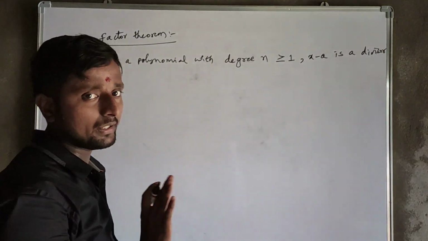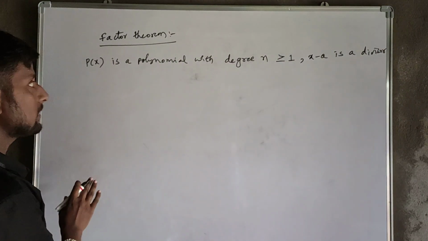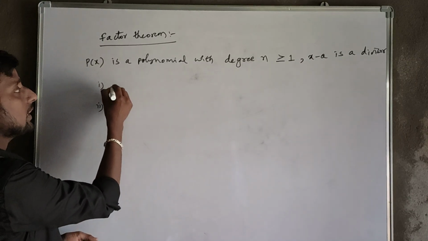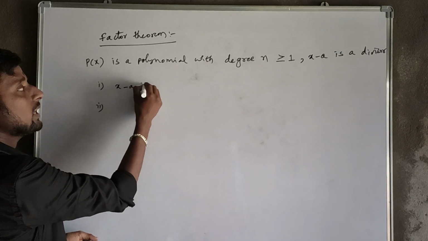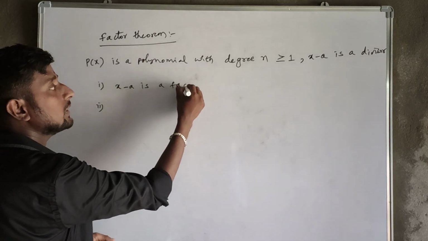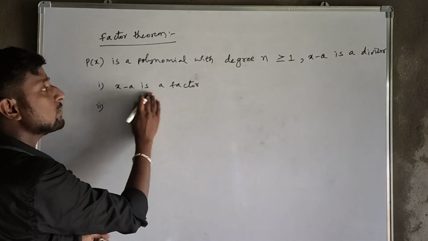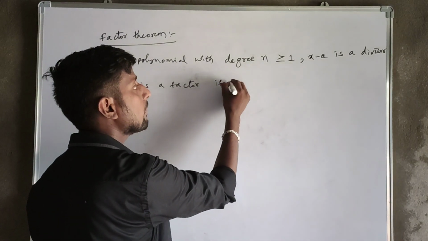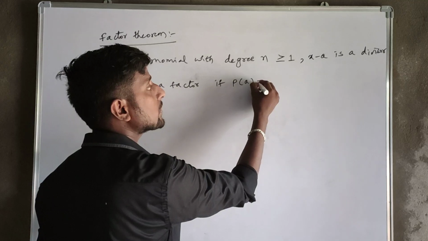For understanding, I have written divisor. So two conditions can apply. First condition: x minus a is a factor if p of a is equal to 0.